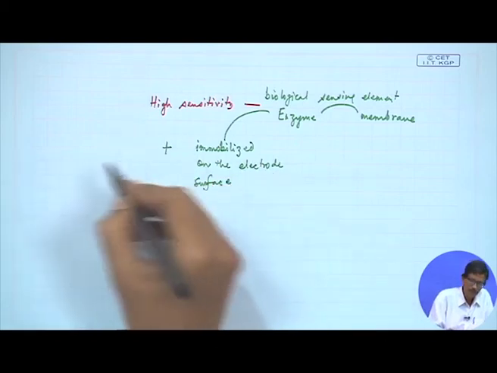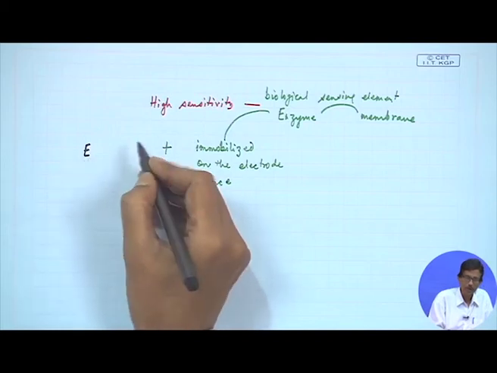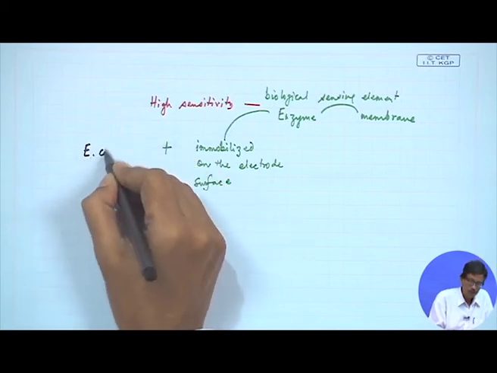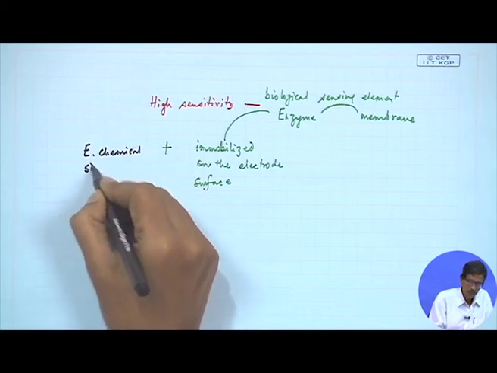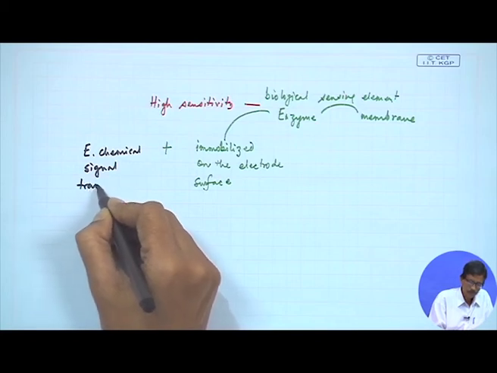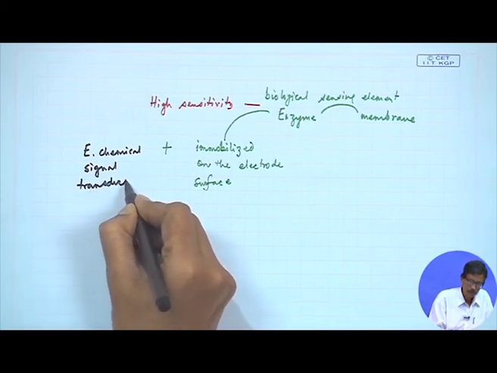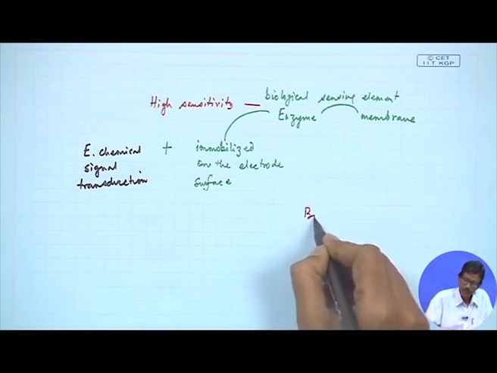For the electrochemical signal that we get, we have to monitor either current or the differential current. So, electrochemical signal transduction should be there. Either you record I or delta I.